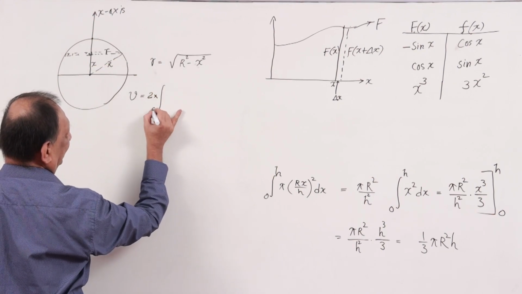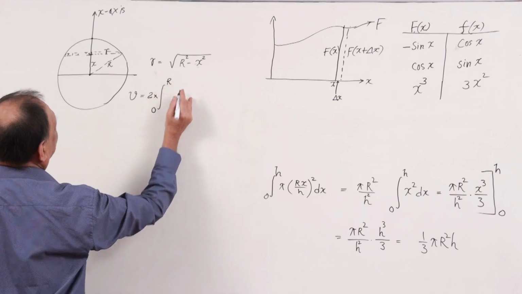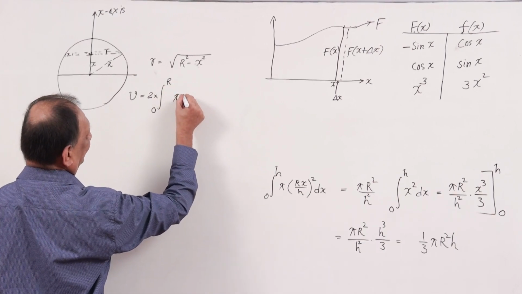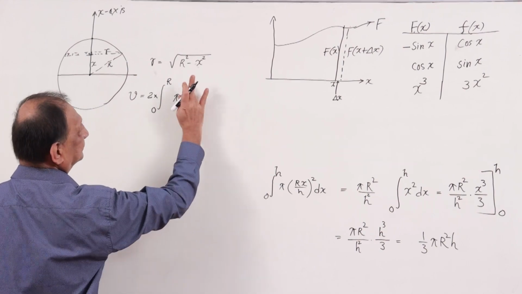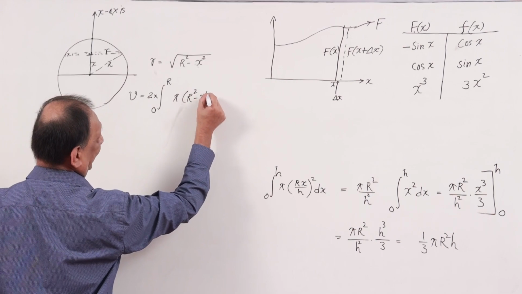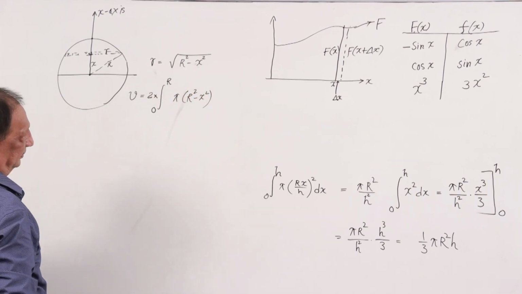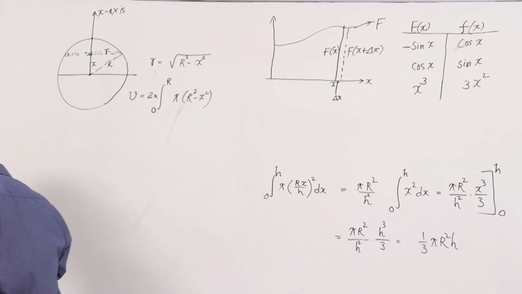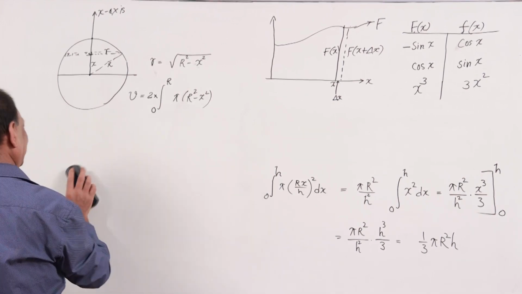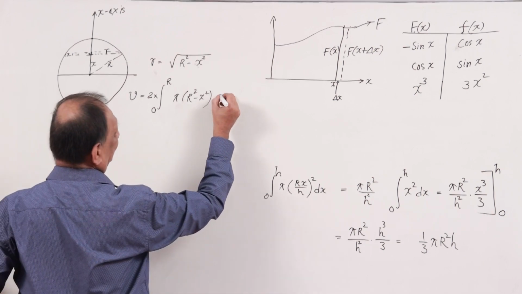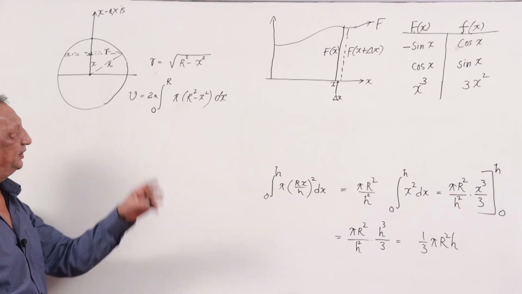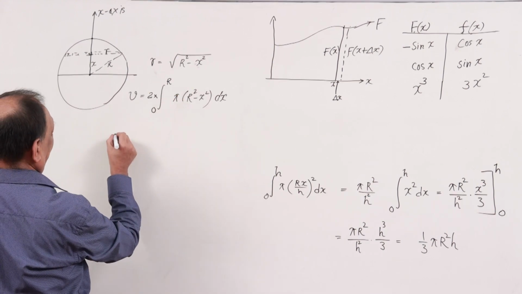So 2 multiplied by the integral from 0 to capital R, and the volume of the disk is the area pi r squared, which is pi times R squared minus x squared, because r is the square root of R squared minus x squared, multiplied by the height, which is dx. Thickness, actually, I should call it thickness. The thickness of the disk is dx. This integral should be the volume of the sphere. We'll do that.